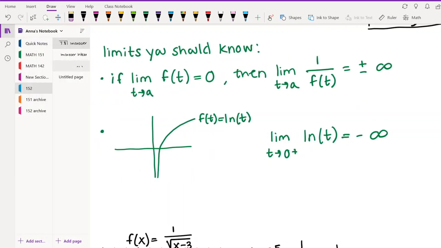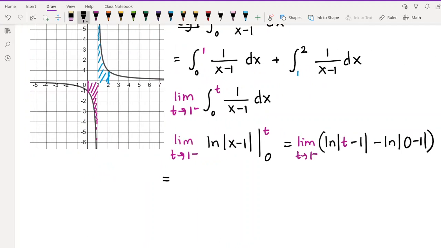That's really what we're doing, because if we plug in 1, you're going to get 0 inside of your logarithm. So taking the limit as t approaches 1 of ln of t minus 1 is the same as taking the limit as t approaches 0 of just ln of t. You have the same overall effect of getting 0 inside the logarithm. And so that part is going to be -infinity. This next part would be ln of 1, which is 0, but we don't really even care about that, because as soon as we get -infinity, that tells us that it diverges.